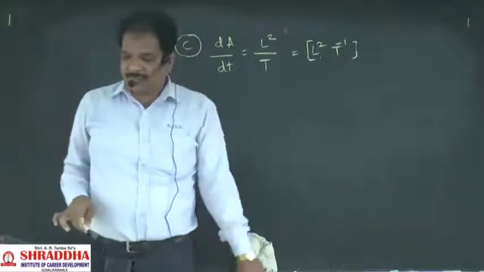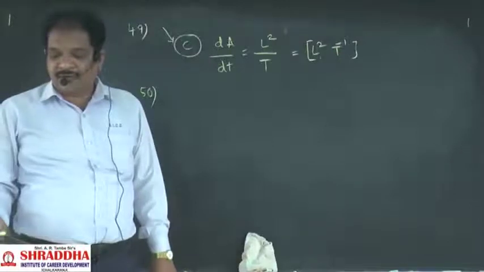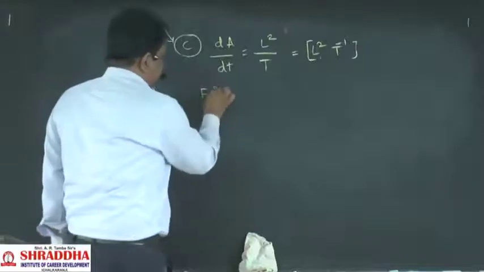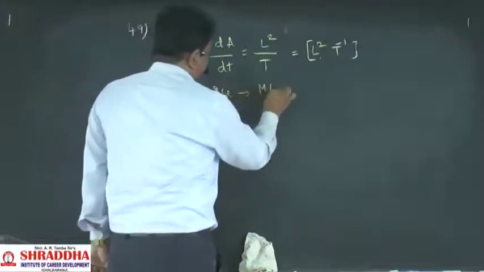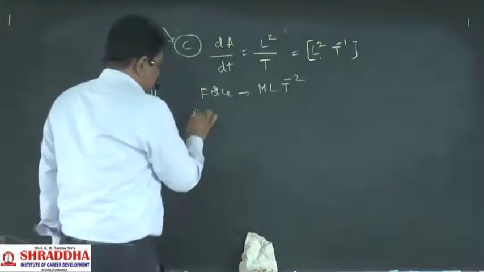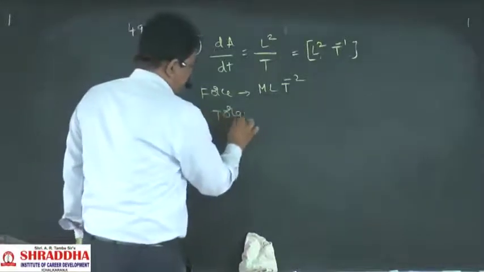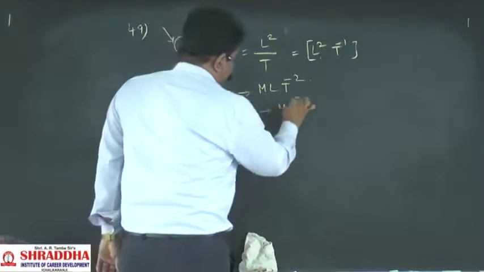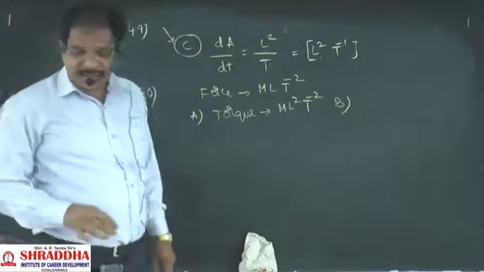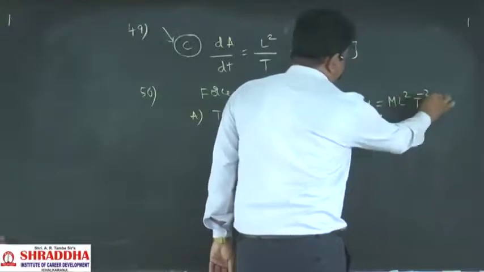Next, 50. Which physical quantity has the same dimensional formula as force? Force dimensional formula is m L T power minus 2. Torque is m L square T power minus 2. Second, they gave work: m L square T power minus 2.